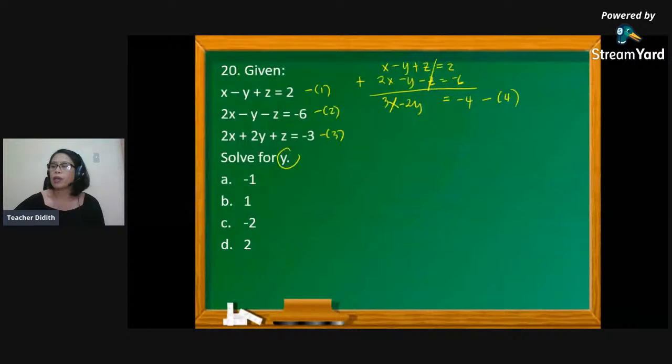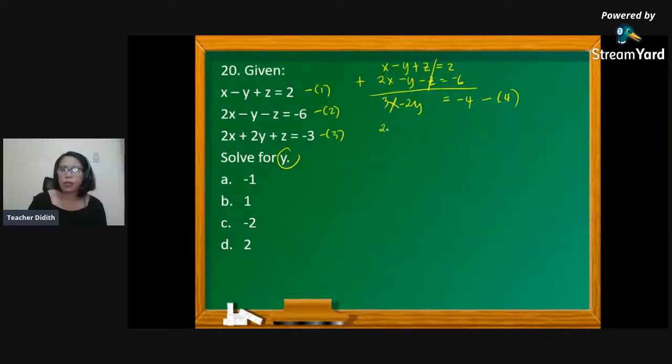Okay. And then we'll work on equation 5. This time we will cancel z again. So we can select 1 and 3, or 2 and 3.